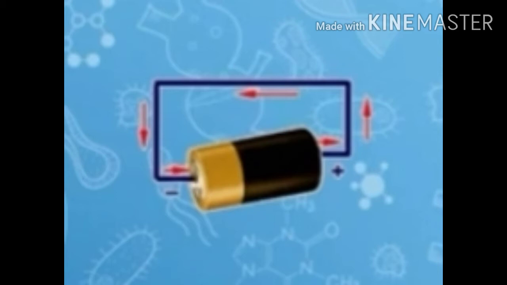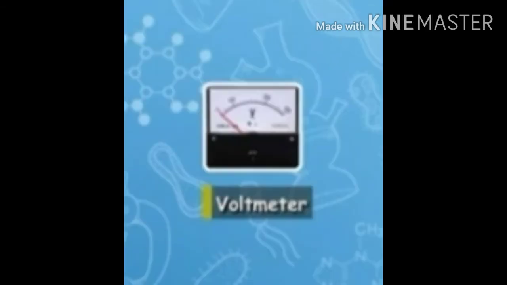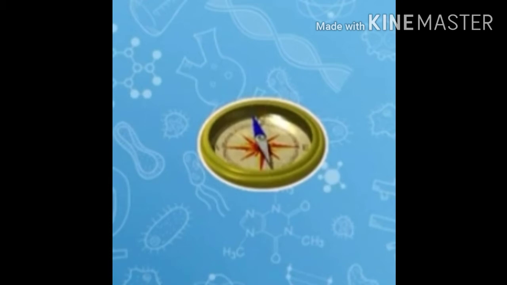And we know that in the previous chapter the device voltmeter measures the potential difference, isn't it? And the ammeter measures the electric current. And likewise we have one device that is the compass needle. Clear? The compass needle is a device which measures the magnetic effects.